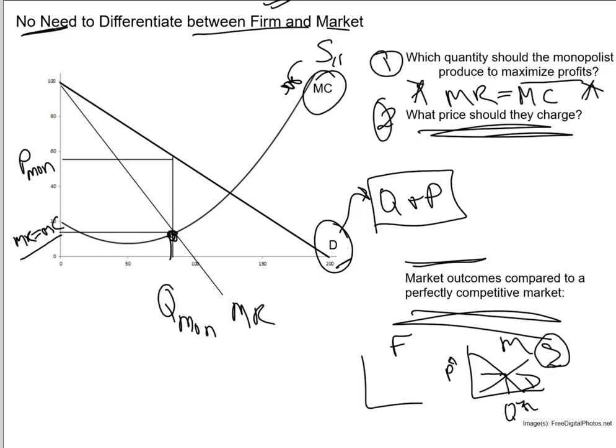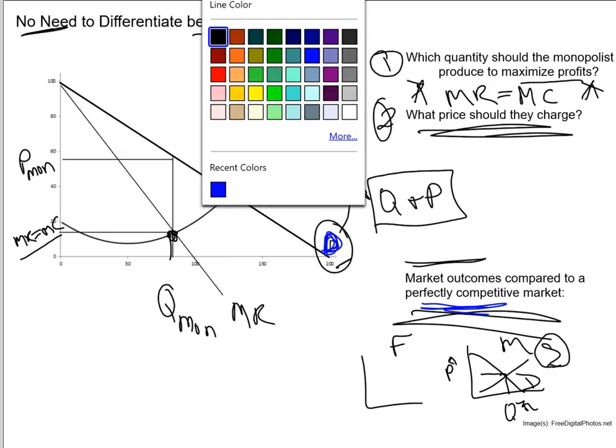So here we go. I'm going to add with a different color the perfectly competitive outcomes. This is the demand. We're assuming it's the equal demand for a competitive market. This is the supply, assuming it's the equal cost structure. Then where demand and supply intersect, actually let me make that a nice straight line so I don't muck that up.